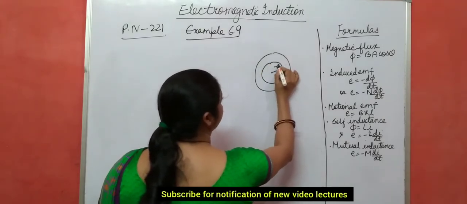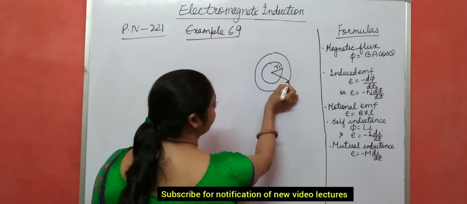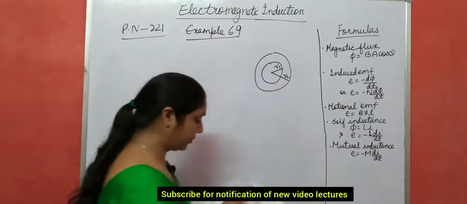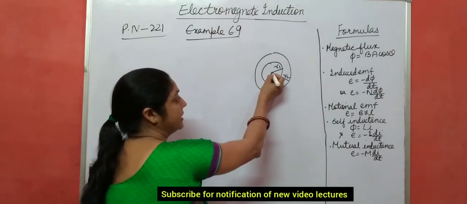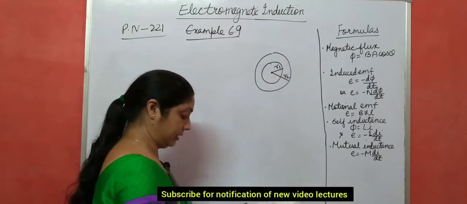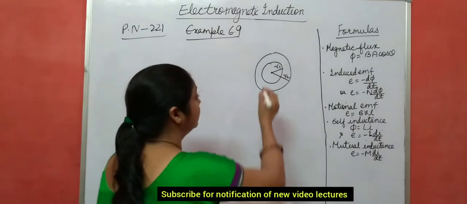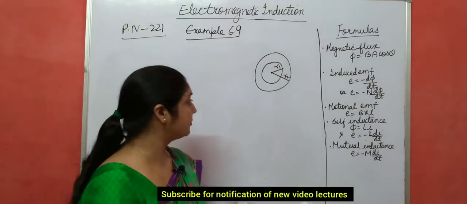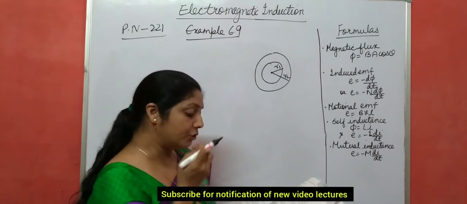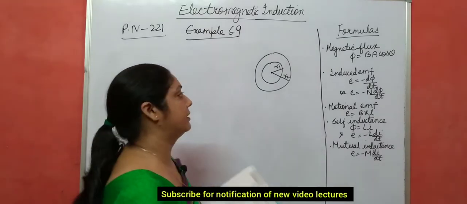The radius of the inner coil is R1 and the radius of the outer coil is R2. Both are placed coaxially, it means their centers coincide. The center of both the coils is the same, right? So obtain the mutual inductance of this arrangement.